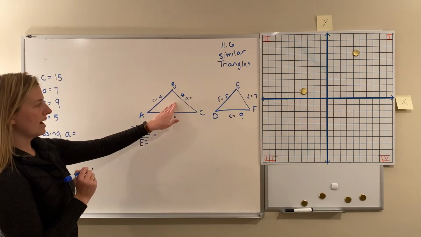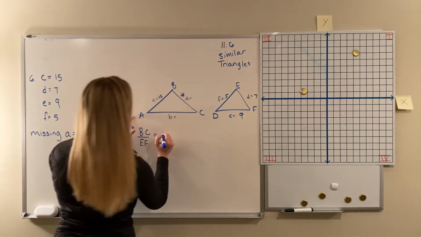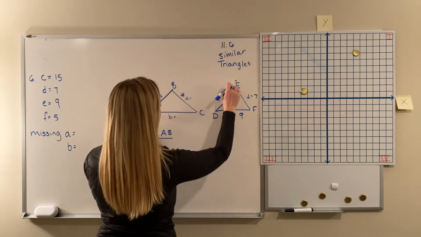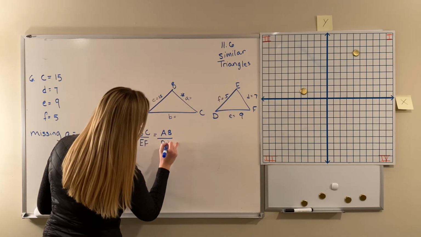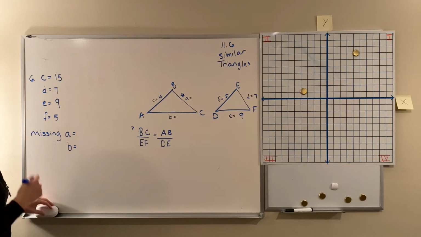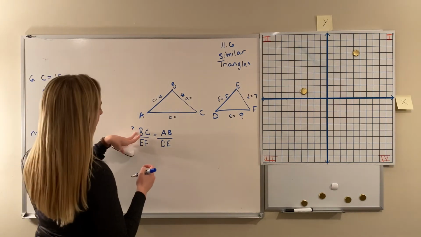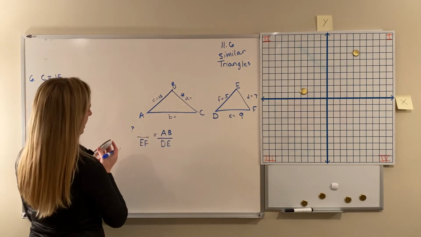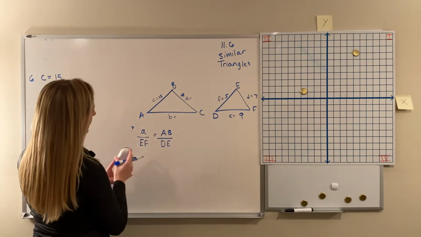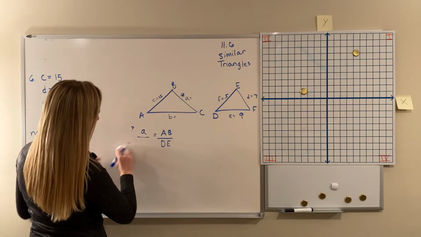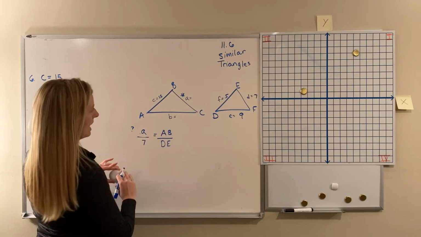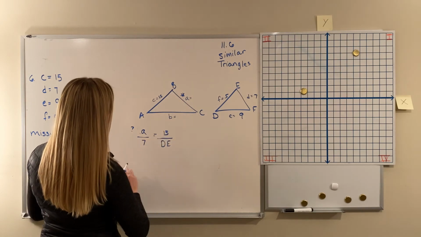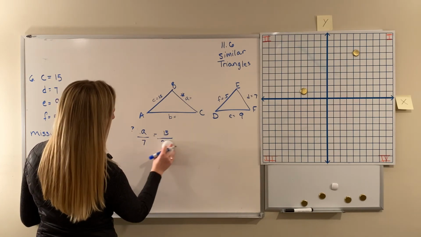That means on this triangle, the only information they give me is AB. So I'm going to pull AB as my second reference point. AB corresponds to DE. And now I'm going to fill in my missing values. BC with my little question mark by it is my unknown value. That's a. So I'm going to put in my a. EF is 7. AB is 15. DE is 5.